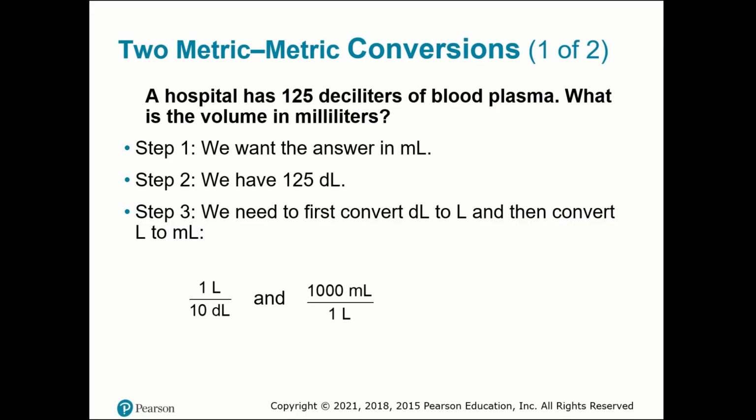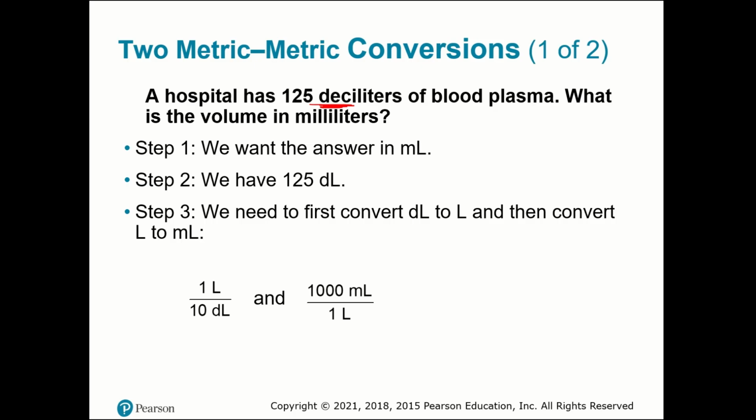So another example, a hospital has 125 deciliters of blood plasma. I know that 1 liter is equal to 10 deciliters. What is the volume in milliliters? So what you need is milliliters, and we have deciliters.